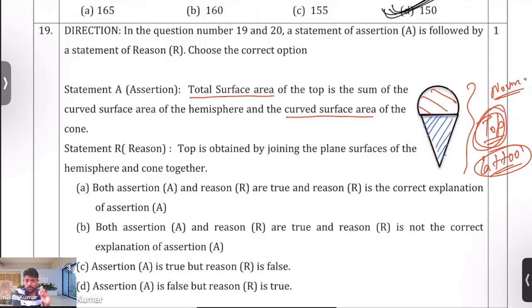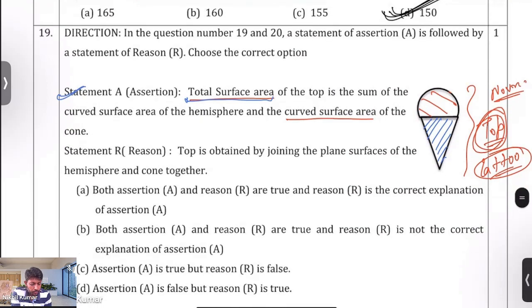So in 3D, you have to imagine the curved surface area of the cone and the hemisphere. The assertion seems to be true, okay, because that's what is exposed to the air outside. And if you have to find out the total surface area, so assertion is correct. It's pretty simple.